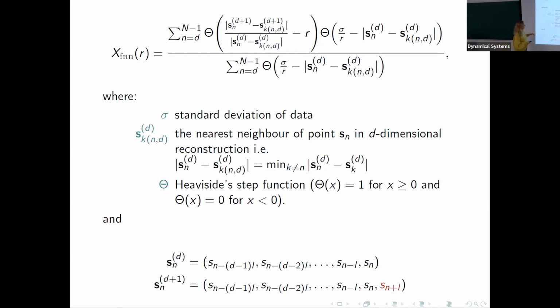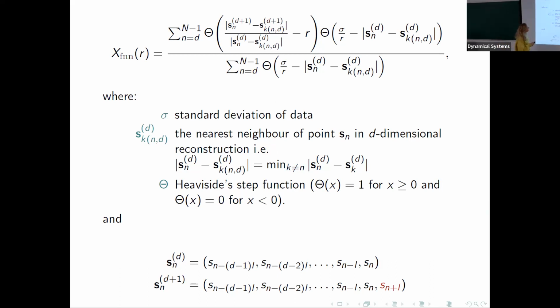Okay, so if we notice, yes, that this distance increased by r, then this contributes 1 to this sum here, and we do it for every point, for every d-dimensional point.